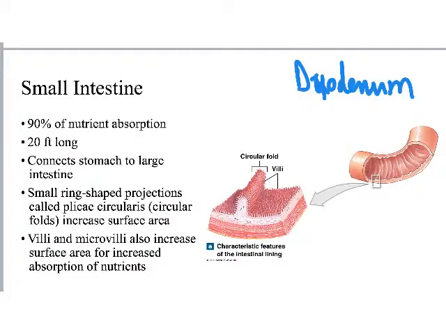So if we break down all of our food into its component parts, that's great. But if we don't absorb those component parts, if we don't find a way to get the glucose and the fructose and the amino acids and the lipids and the glycerides and all those, if we don't find a way to get those molecules from the lumen of the gastrointestinal tract into our blood supply, then we cannot take advantage of any of those nutrients.